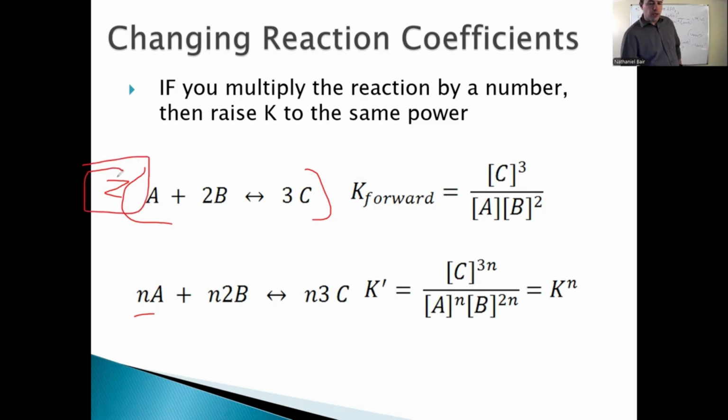Well, whatever you're distributing in, you raise the constant to that power. So say that this normal reaction had an equilibrium constant of 4. If I distributed a 2 into there, that would now be 4 squared. This would be 16. I have never had to do that, but there must be some reason that you would, because this is in like every textbook, and I've seen it on ACS tests. In all of my research and doing actual chemistry, I have never needed to do it. I'm sorry, I can't tell you. I haven't been able to find a use for that, but it's a thing.